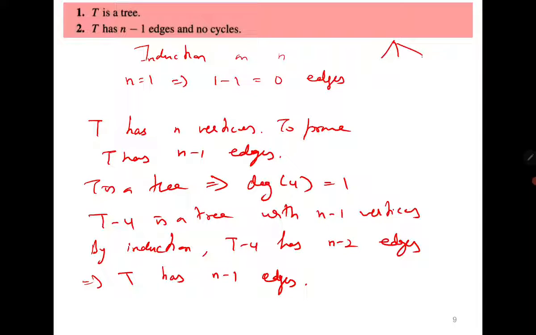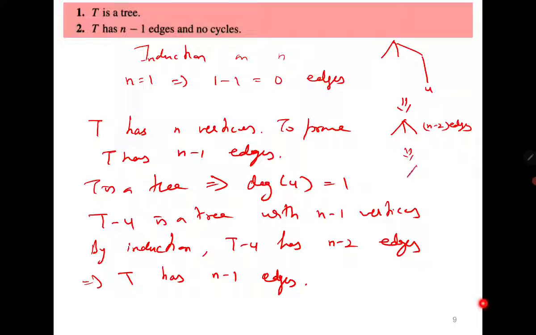Please try to understand what has been done. Let's say this is the graph T, there is a vertex u. If I delete u, then I reach a new tree which has n minus 1 vertices, implying n minus 2 edges by induction.